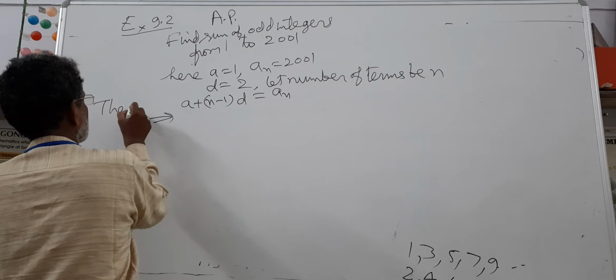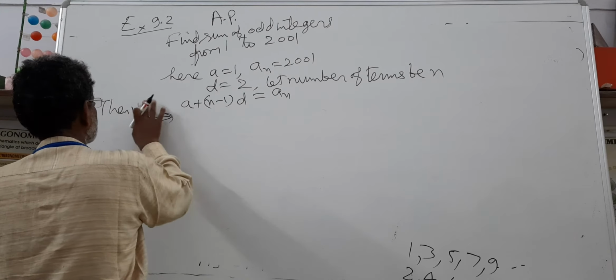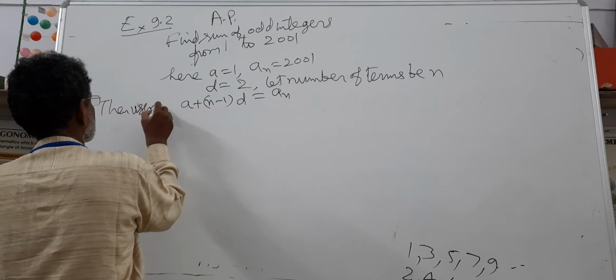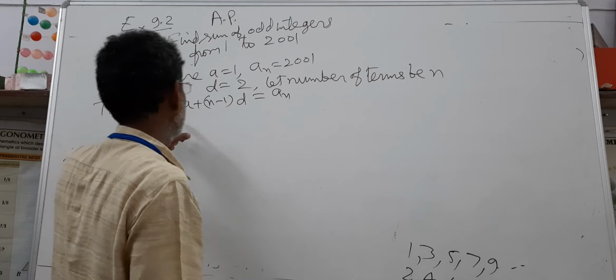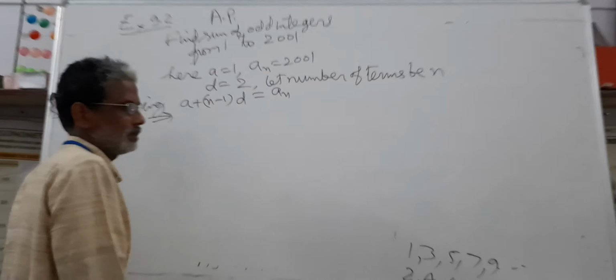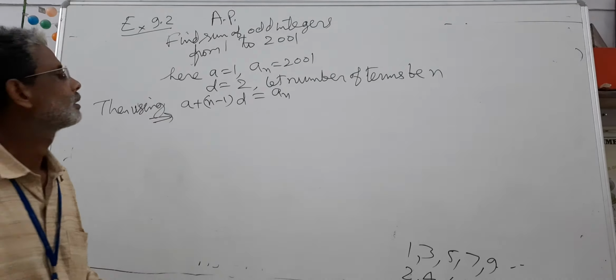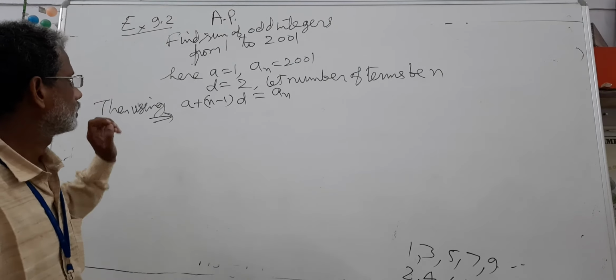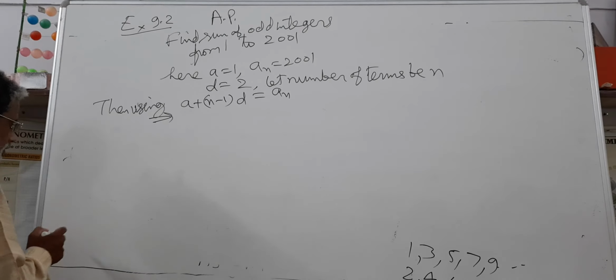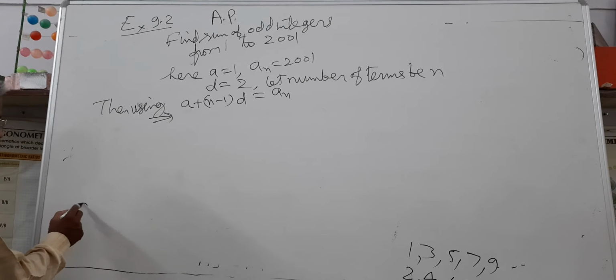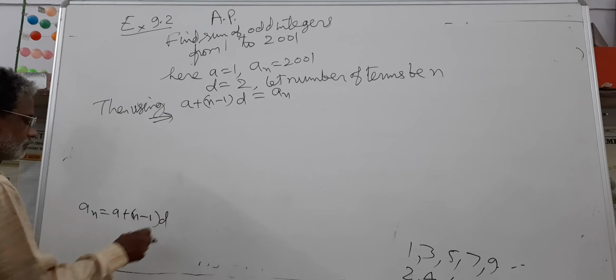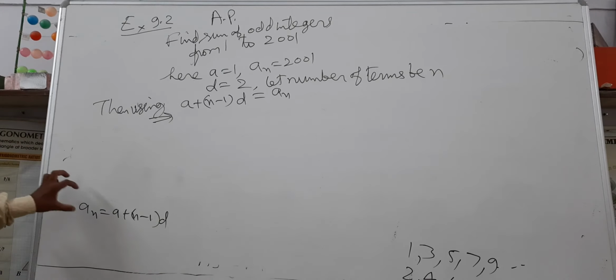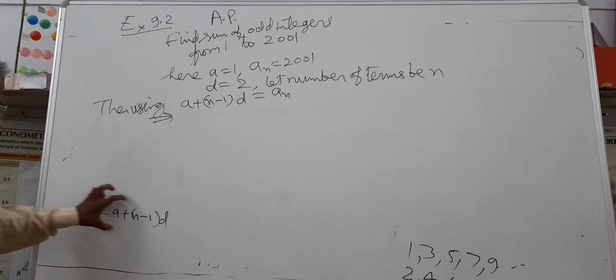Then using a plus n minus 1 into d is equal to an. Also remember that never always write that an is equal to a plus n minus 1 into d. If an is to be determined, then write this.